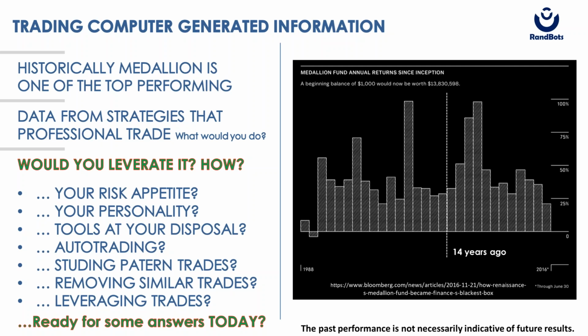So we're going to review some of the things I have developed during the last few years that I think can help you. But it is very important that if you have access to data from these types of strategies that professional traders use, what would you do?